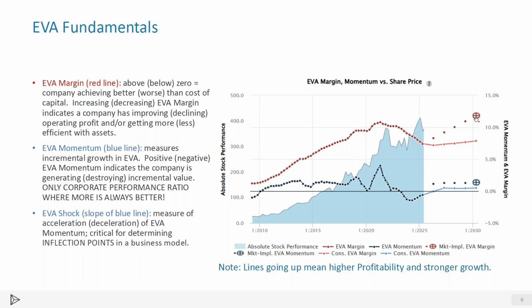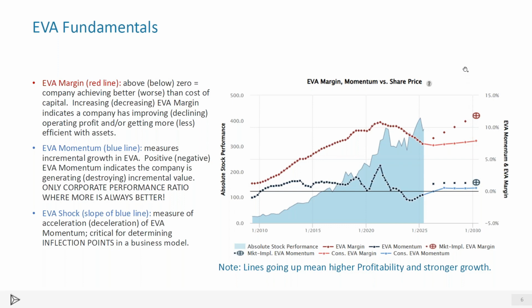So that gives a reflection of whether the market's bullish or bearish about future value creation. I said consensus is not particularly optimistic, but the market's much more optimistic about the outlook for value creation, over the next few years seeing the EVA margin going back to and above the previous record levels. So the market's much more optimistic about the future than consensus.